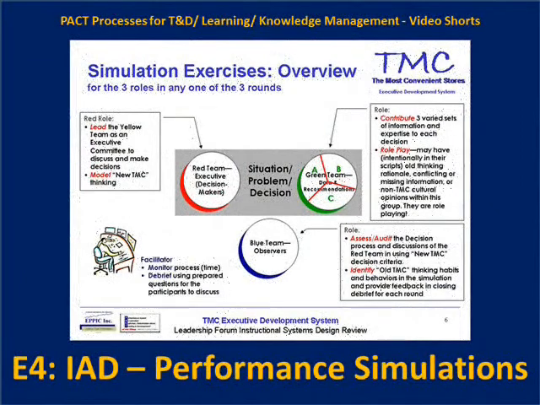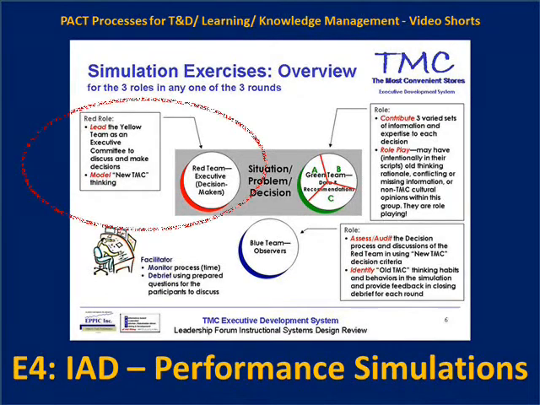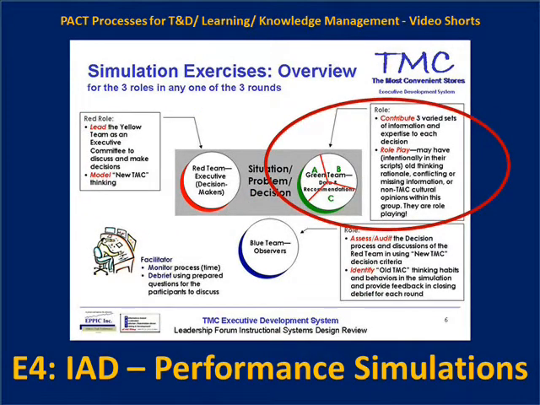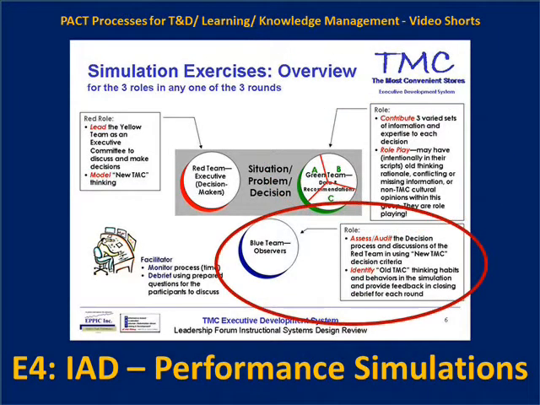In this example of a simulation exercise, there are three roles in the simulation with the facilitator off to the side, down on the left-hand side. The red team are the executive decision makers in this scenario, and the green team is the group that's giving the information to the decision makers so that they can make the decision. The blue team are observers.